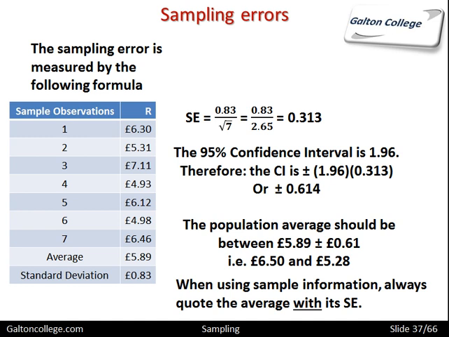So when we use sample information, we always quote the average with its standard error. Now you can actually use this formula and transform it. For example, let's say we wanted to calculate the sample size.